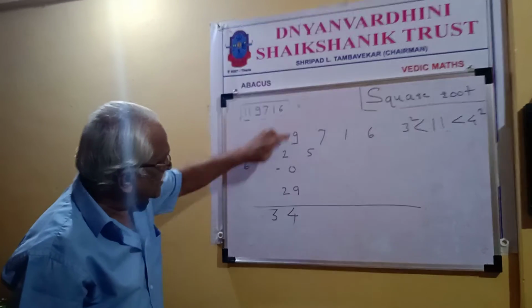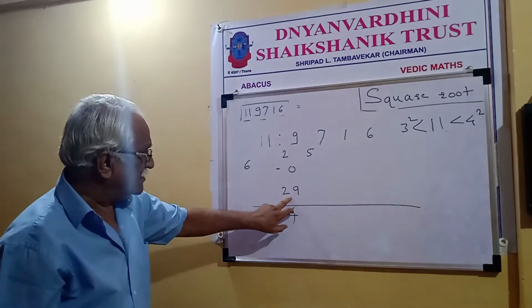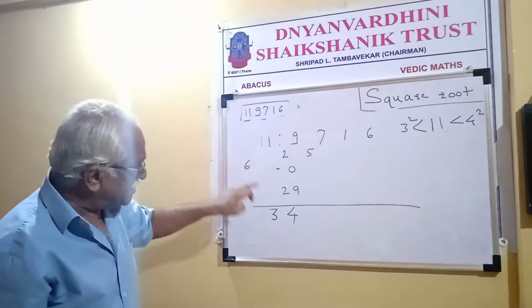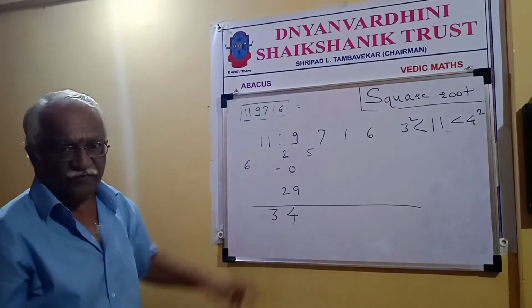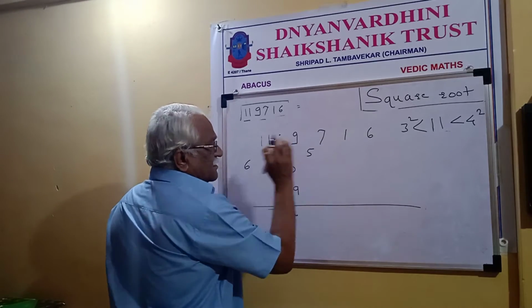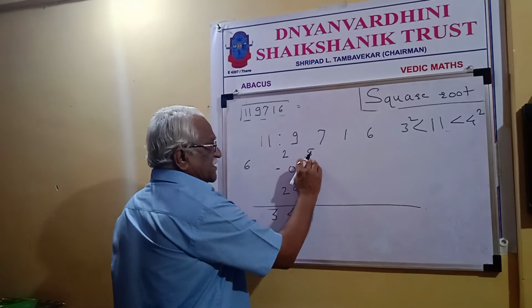Now 29 minus 0, because we don't have to subtract anything, that is 29. So 29 should be divided by 6. So 6 4s are 24. So what is the gross dividend now? Because 5 remainder is prefixed to the 7.